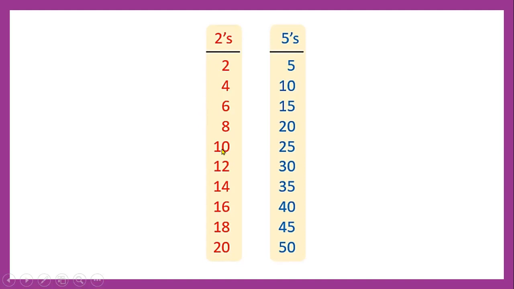This is skip counting, where you jump 2 each time. Here you count 5s: 5, 10, 15, 20, 25, 30, 35, 40, 45, 50. Here you jump by 2s and here you jump by 5s.